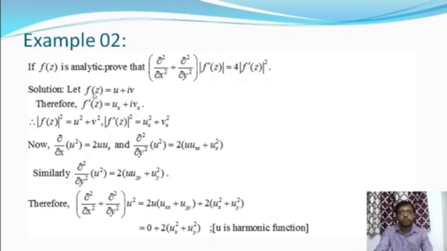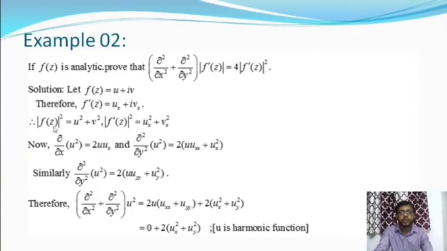So the modulus value of f of z, mod of f of z is equal to root over of u square plus v square, as well as mod of f dash z is equal to root over of ux square plus vx square. This is the modulus value of a complex number. So you know the modulus value of a complex number z is equal to root over of x square plus y square as well.